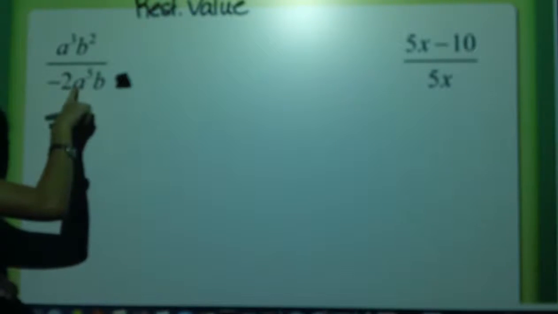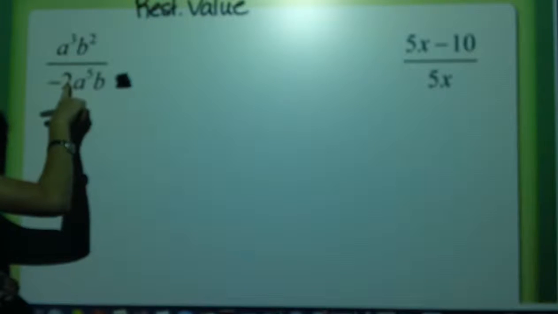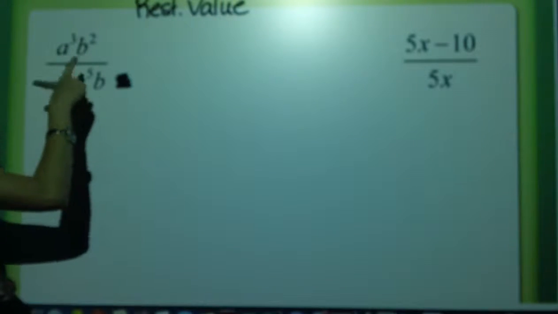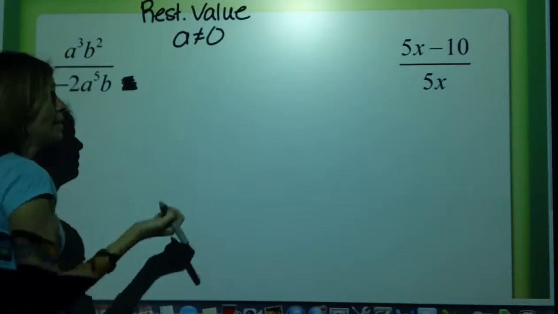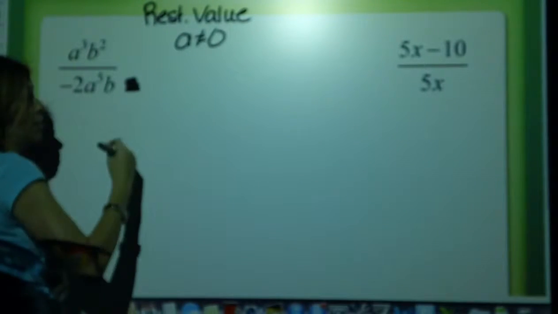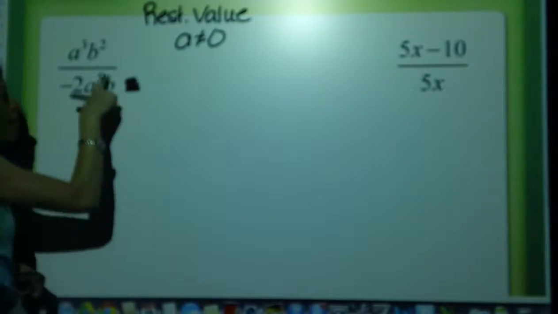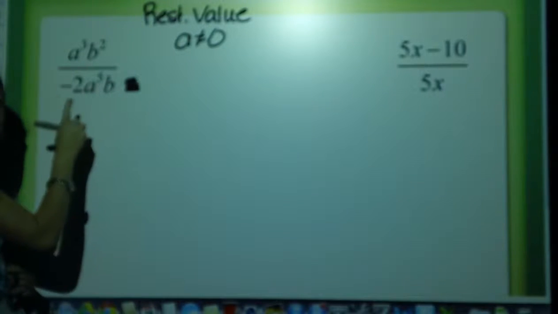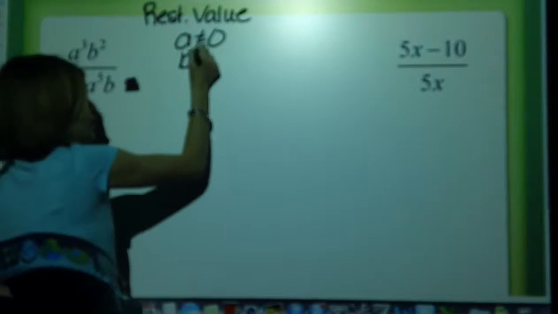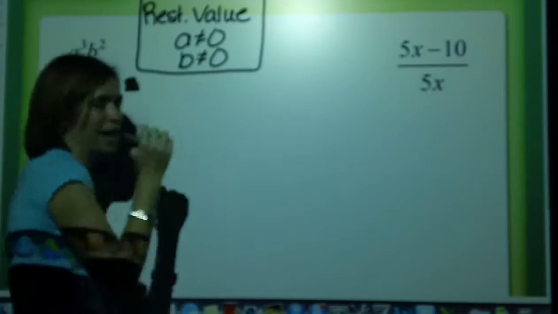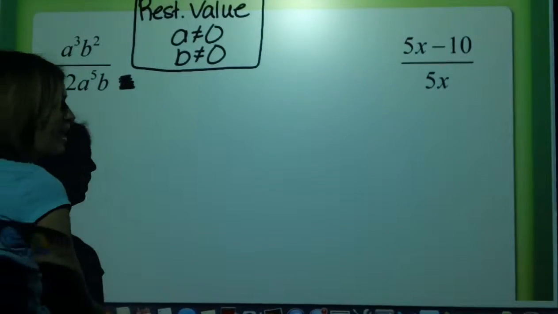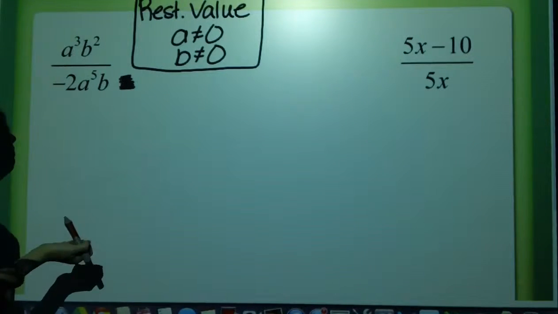The only value that would make the denominator 0 is 0, because 0 to the 5th power is 0. So a cannot be 0. And that's how I write it. The same thing with b. If I make b 0, then the whole denominator would be 0. So b cannot be 0. So you state your restricted values first if you can. Sometimes it's easier to simplify first, and I'll show you in a minute what I mean.